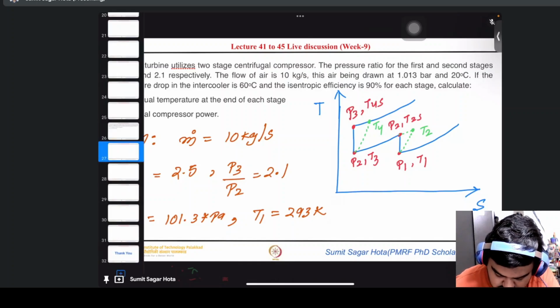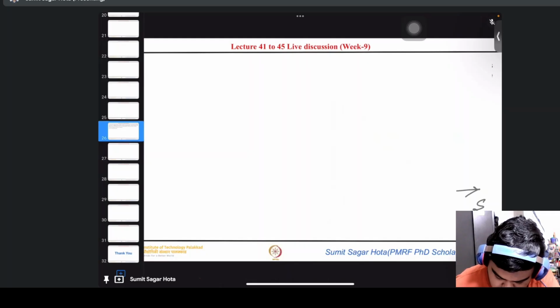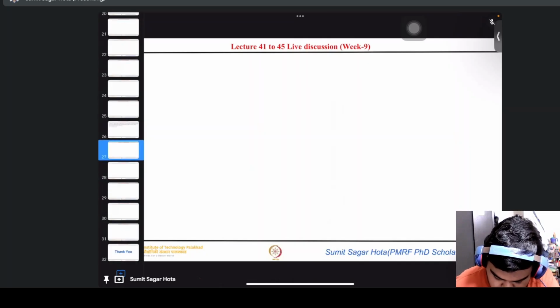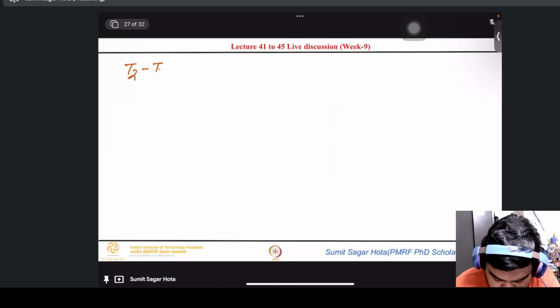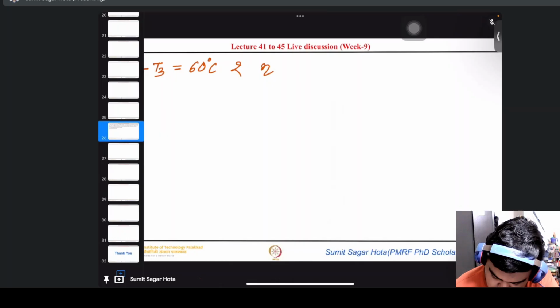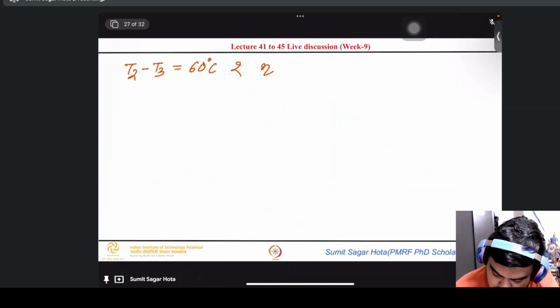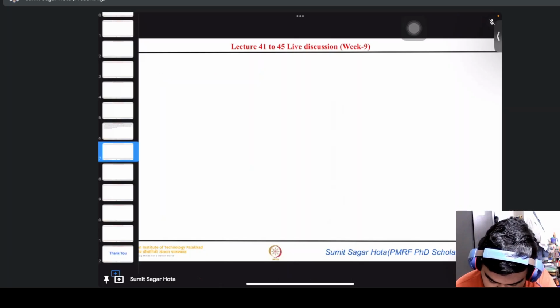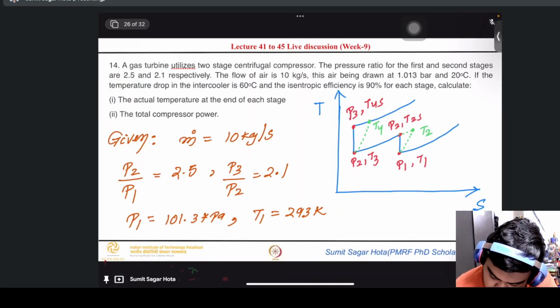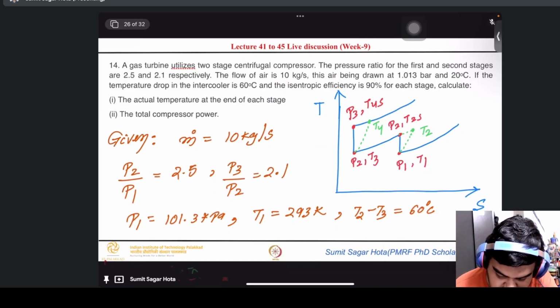So T2 minus T3 is given as 60 degrees Celsius, and isentropic efficiency is 0.9. Okay, so let's go to the solution.